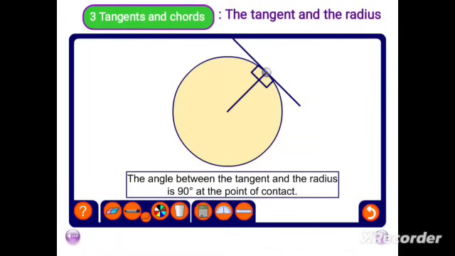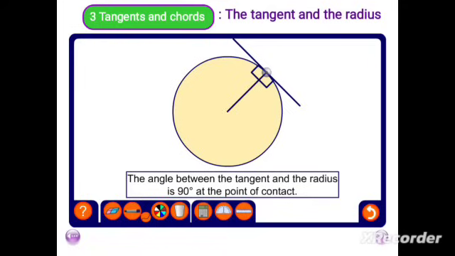Now, our third part of the lesson, this is actually the last part of this lesson. We are going to talk about the tangent and the radius. It is proven that the angle between the tangent and the radius is 90 degrees at the point of contact.